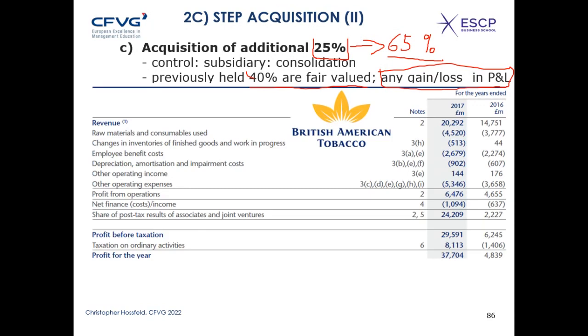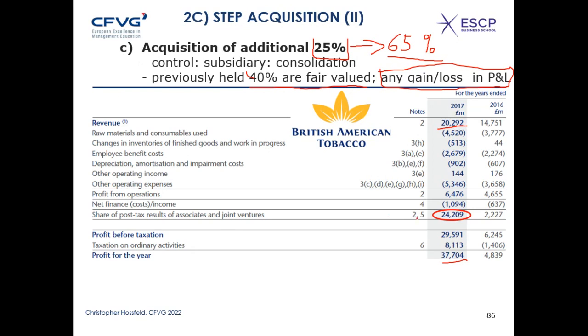Here we have an example when British American Tobacco bought Reynolds, the American company, several years ago. And you see an interesting thing, because you see here that the profit of the year is higher than even the sales revenue. How is that possible?